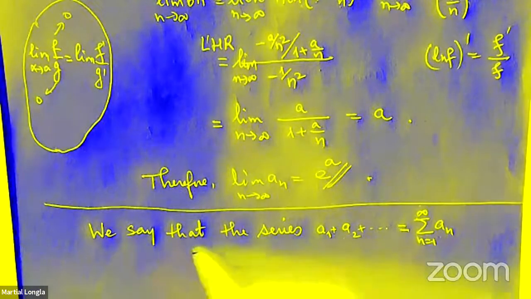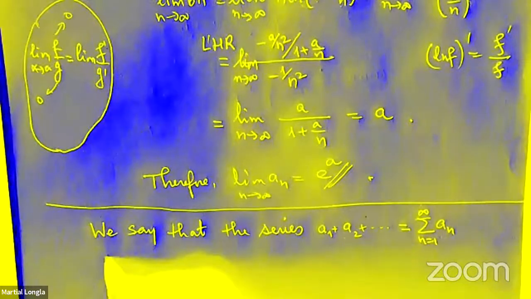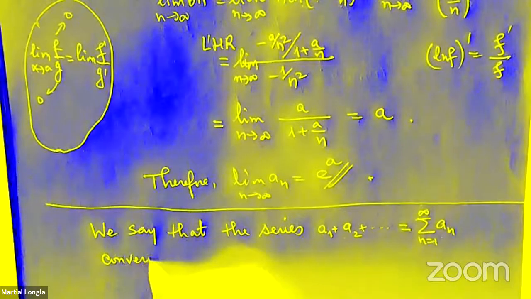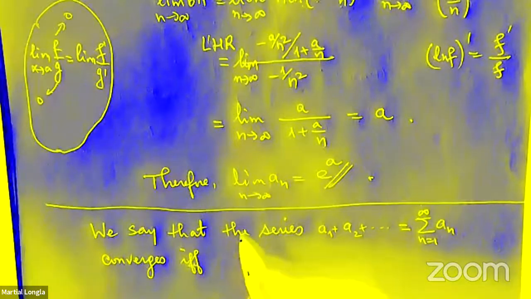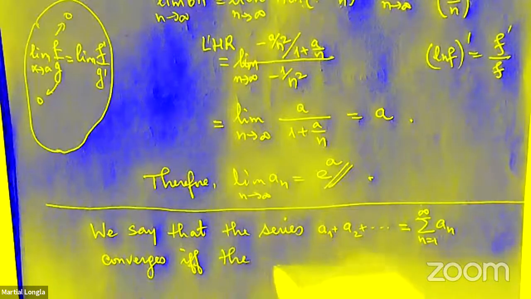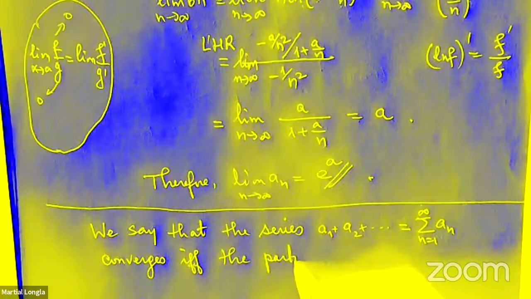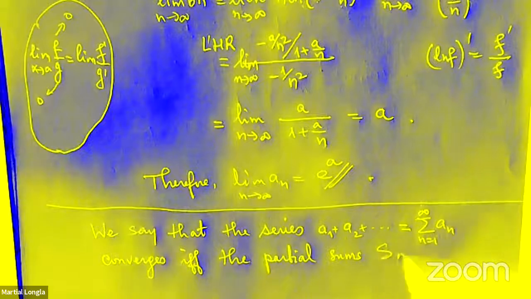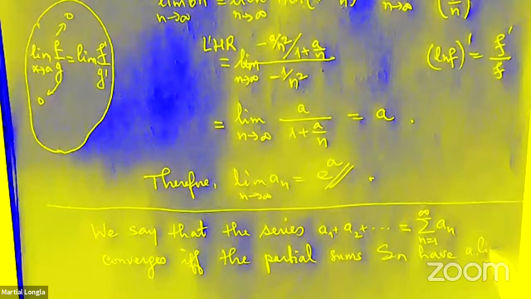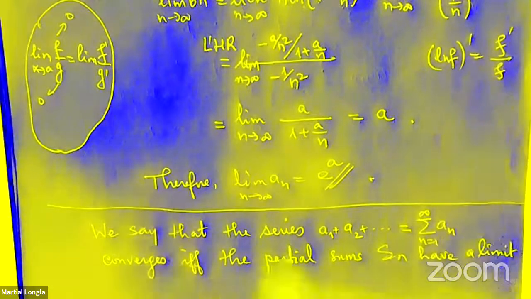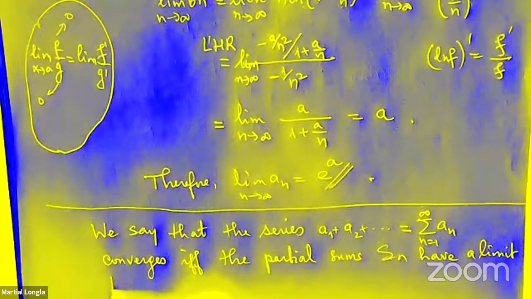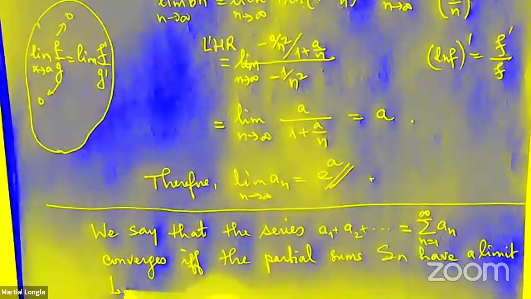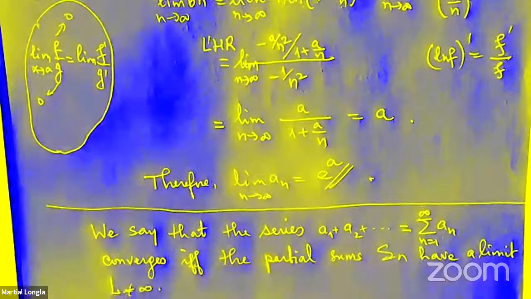So we say that the series converges if and only if the partial sums Sn have a limit L not equal to infinity, right?